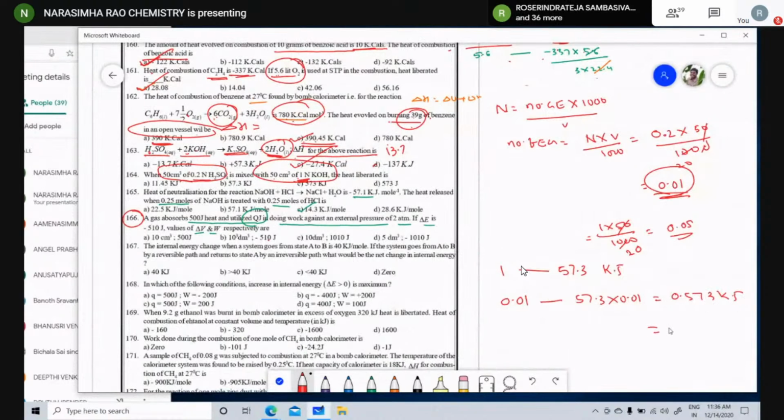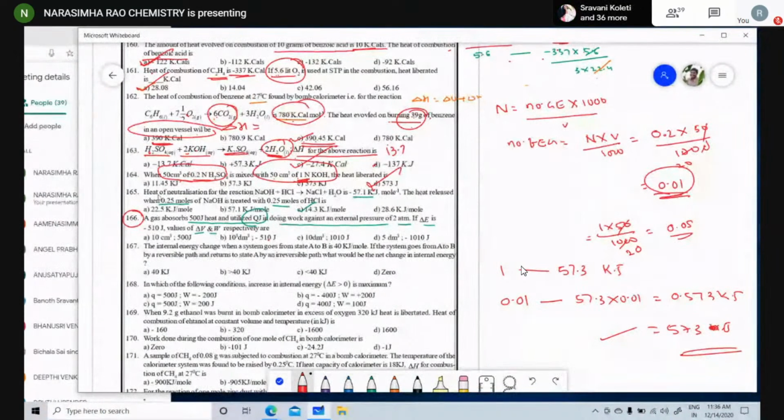Multiplied by 1000 is 573 joules, sorry, 573 joules. Clear? Clear, sir.